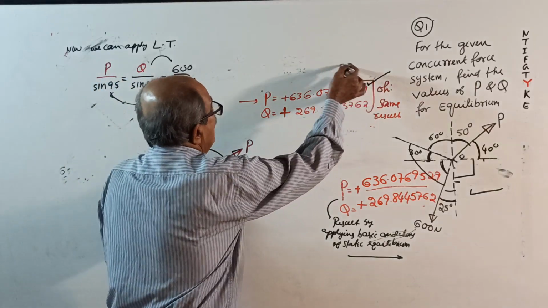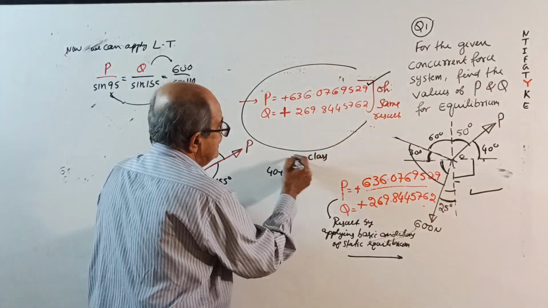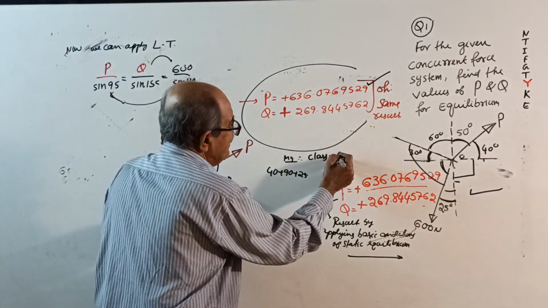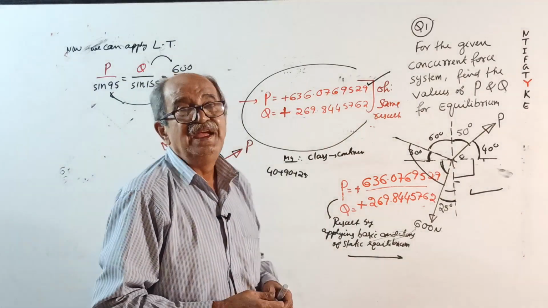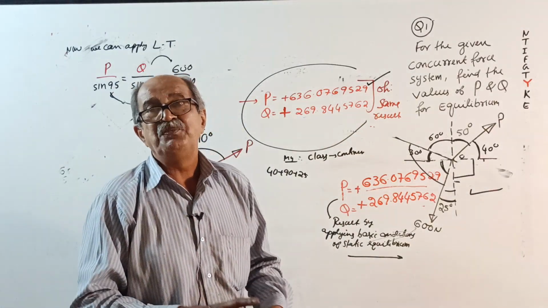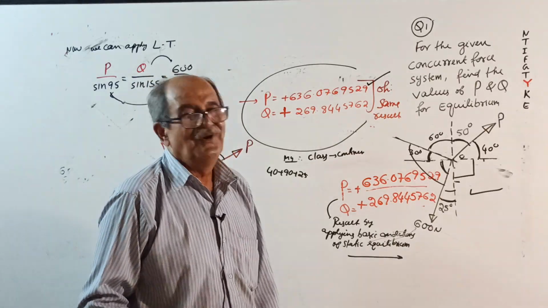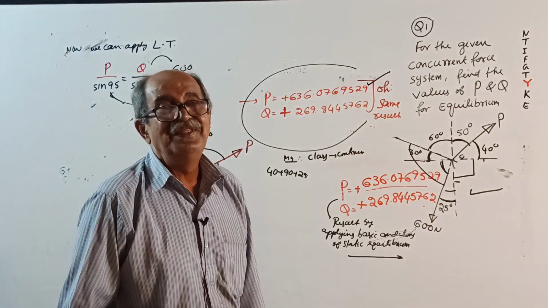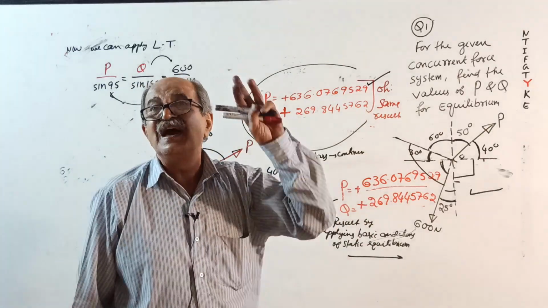Therefore, now corrected, the answer is tallying. So, guaranteed, my class will continue, and it will continue forever. It will never stop because of a technical mistake. My guarantee. Don't feel that this person is playing with us. Sometimes some people, when they see the earlier mistake, will be happy.